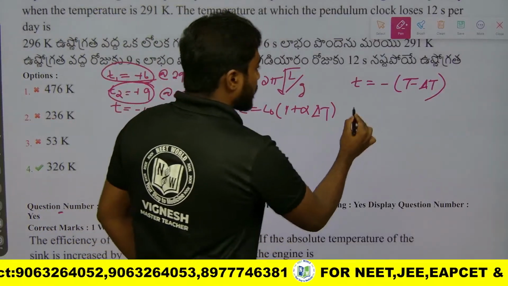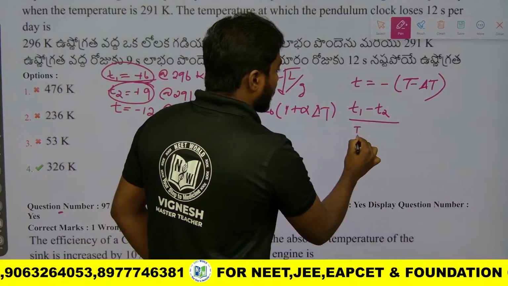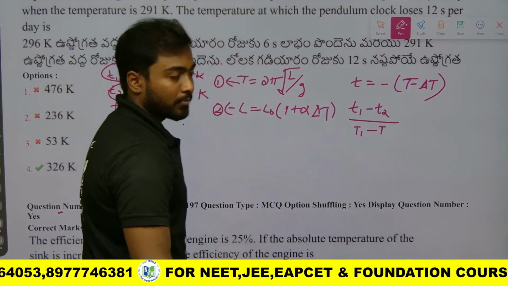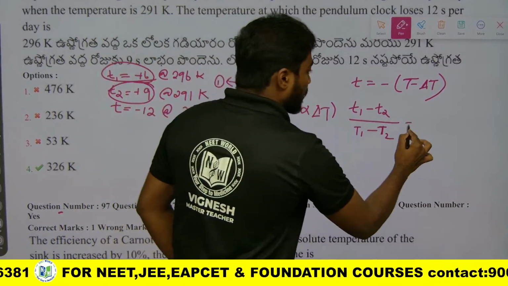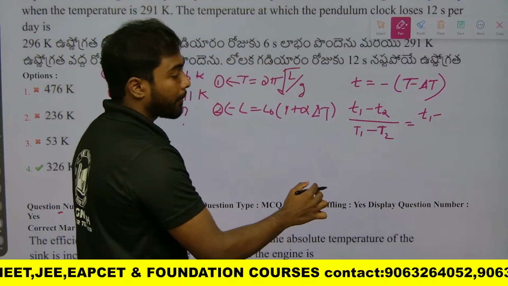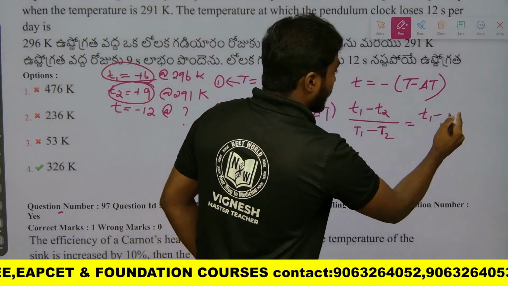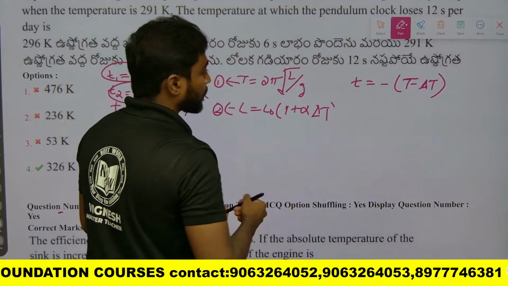Here I can write T1 minus T2 by temperature 1 minus temperature T2, that I'll keep as it is, equals T1 minus the unknown temperature Tx. Let's make it simple.